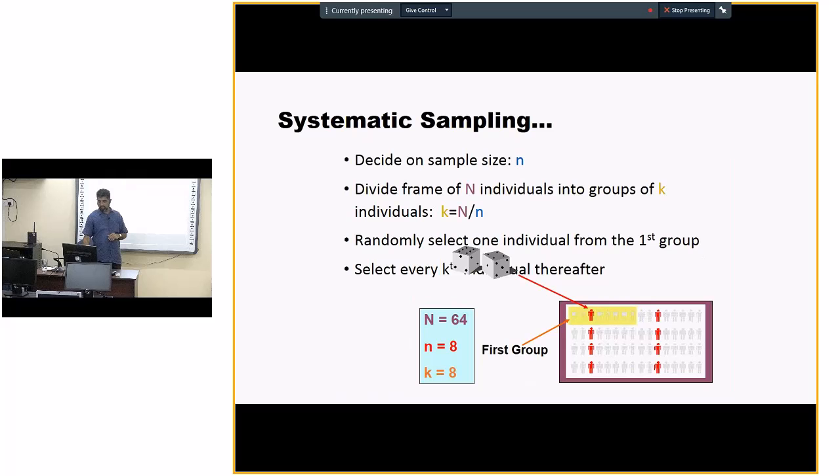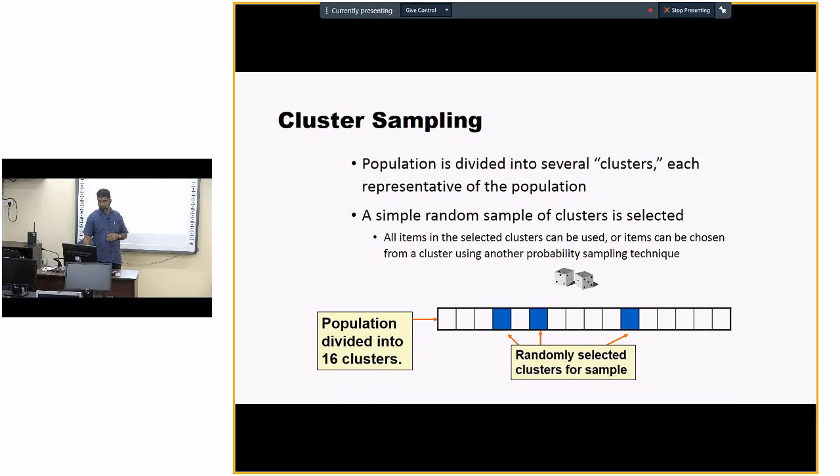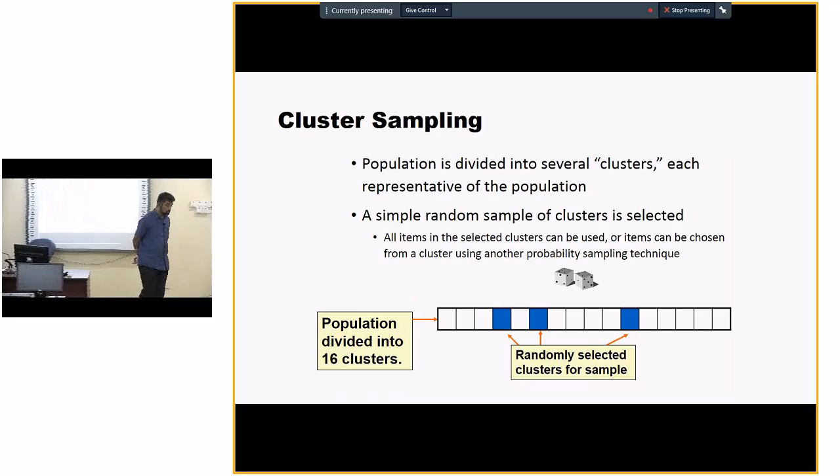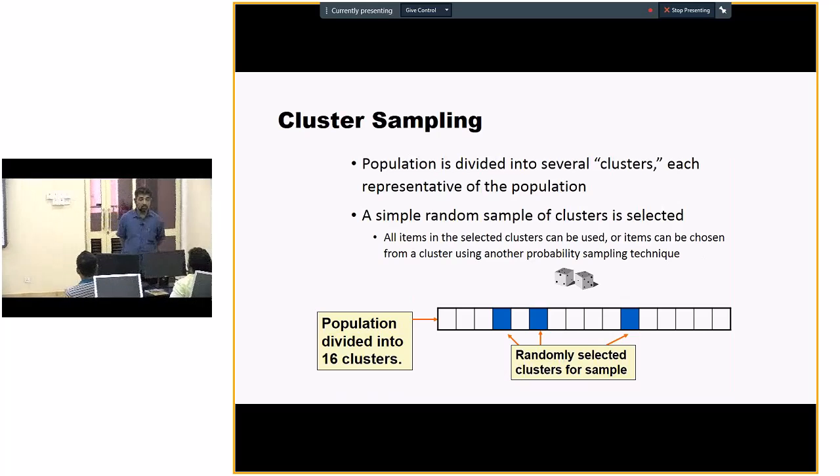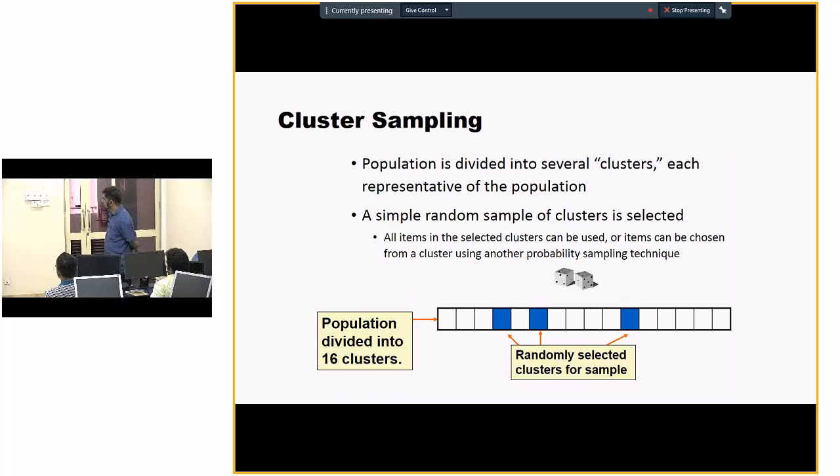Again, you can see merits and demerits. Here you can see the way of doing that. Examples are also here. Next one, cluster sampling. Here, most probably for social studies, we are selecting clusters, right? Here, the population is divided into several clusters, each representative of the population.